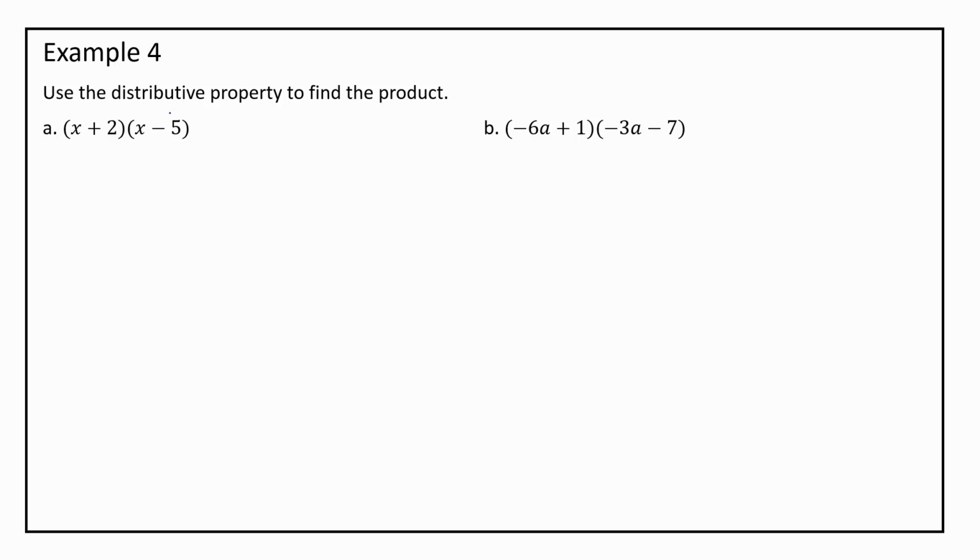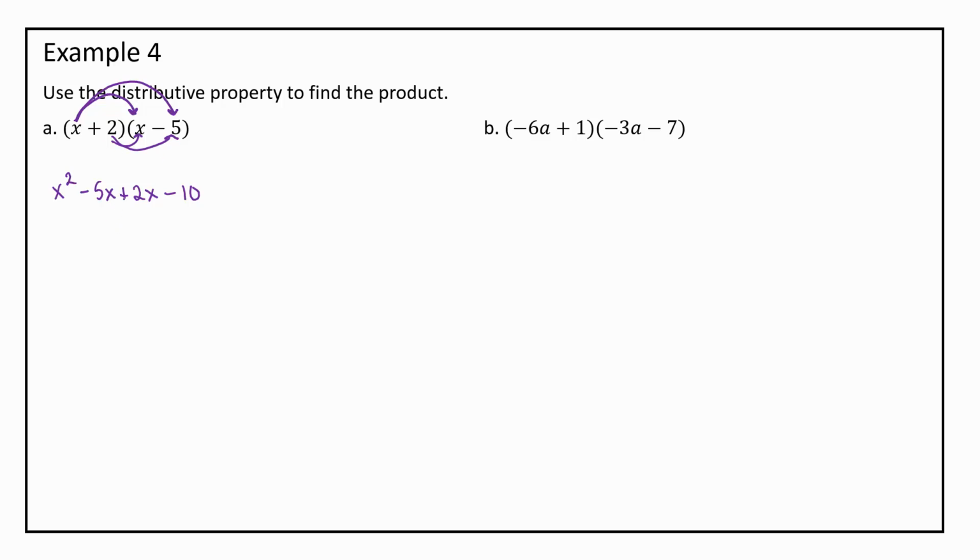If I use the distributive property instead of thinking of it like FOIL, that means I'm going to take the x and times it by the x, which incidentally is what we did first in the last problem. Then I'm going to take the x and do times -5, which is technically our outer terms. And then I'm going to take the 2 with the x, and then I'm going to take the 2 and the -5, which was the inner and the last terms.